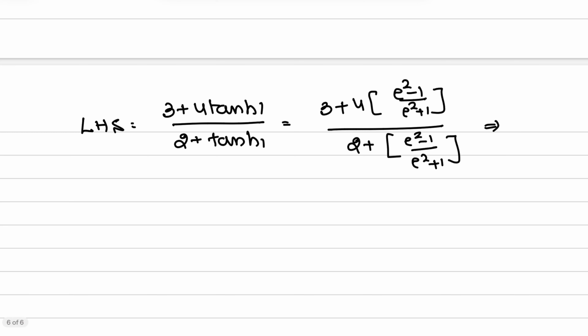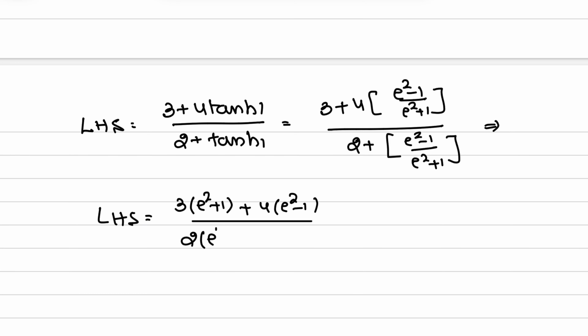That implies left hand side is equal to, let us expand this, 3 into e square plus 1 plus 4 into e square minus 1 whole divided by 2 into e square plus 1 plus e square minus 1. e square plus 1 in the numerator and e square plus 1 in the denominator get cancelled.